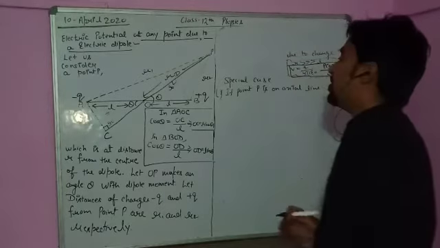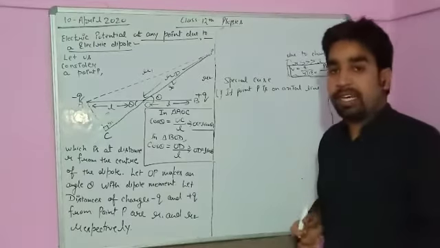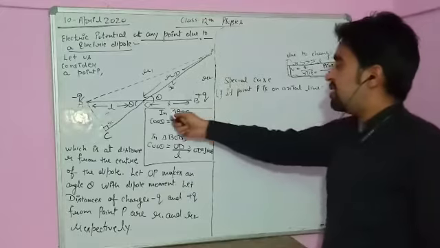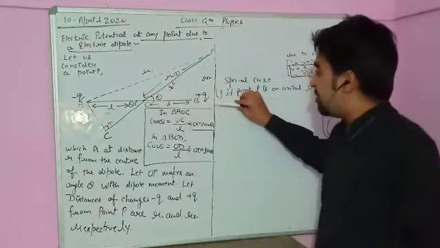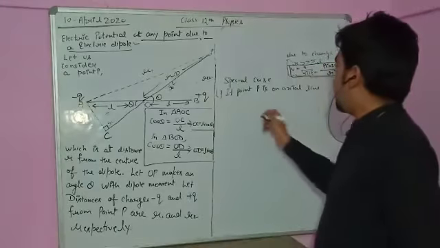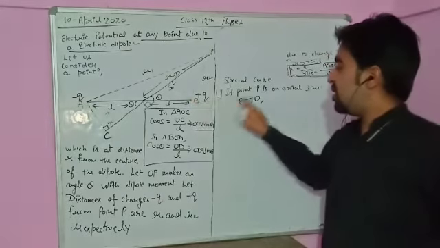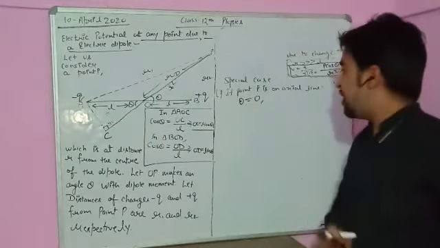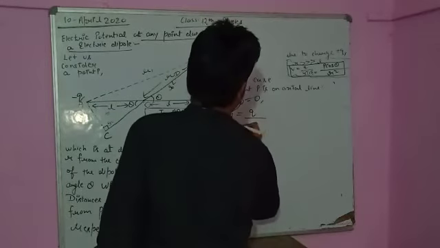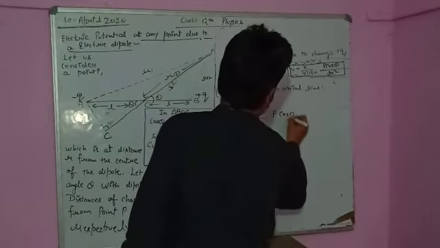Students, we just considered point P at a general point. Now we check whether we have done it correctly or not. So point P can also be on the axial line of this dipole. If it is on the axial line, then theta is going to be how much? 0, because it is on this line, so theta will be equal to 0. And when we consider theta equal to 0, V is equal to Q upon 4 pi epsilon naught, P cos 0 upon R square.